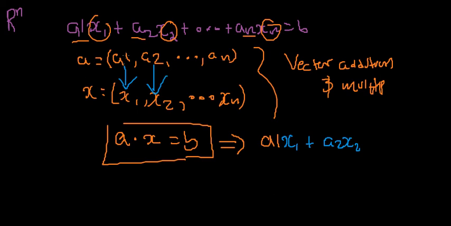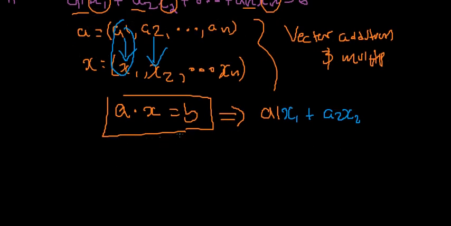We're going to multiply these A and these x together and sum them up. So we're taking the dot product there, and that's what A dot product x equals B means. And this is to solve a general system.